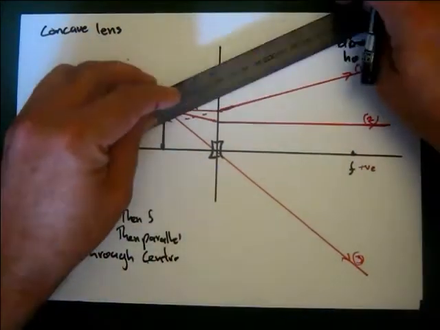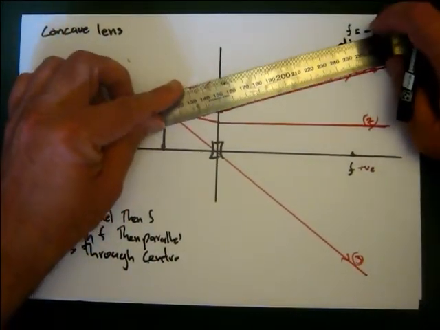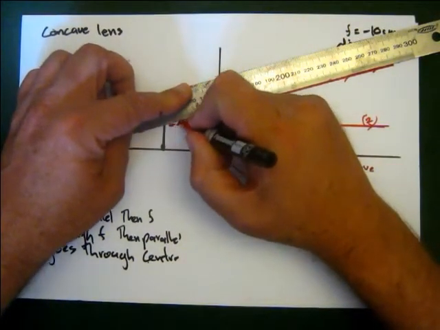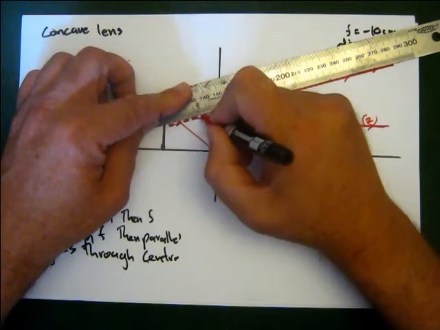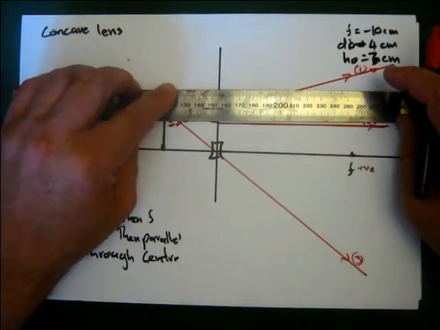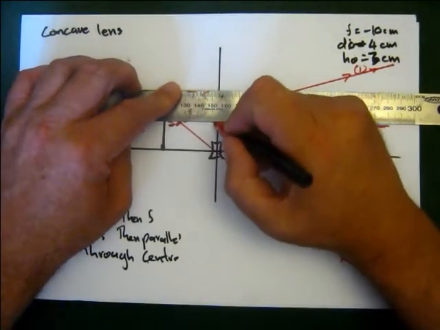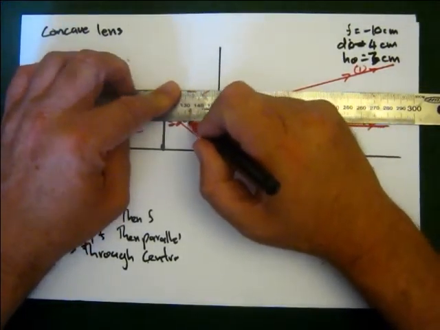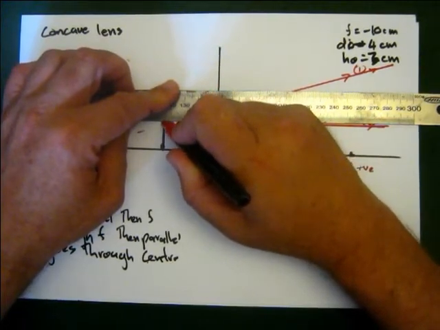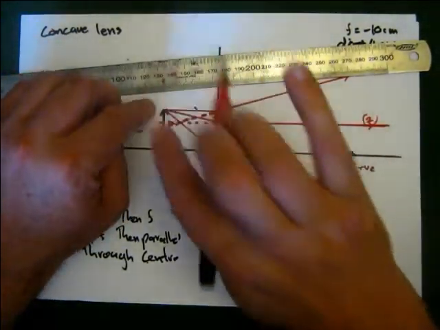So if they're diverging, what we have to do is backtrack the rays. So I backtrack this ray, and I'm going to put in a stronger backtrack. I backtrack this way, and then, well, if I backtrack this ray, it's going to be through there.